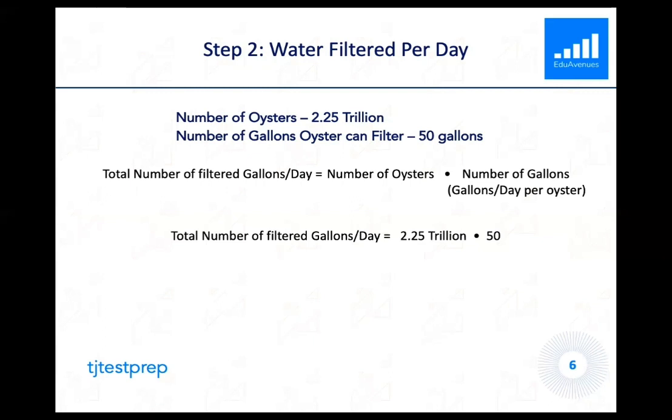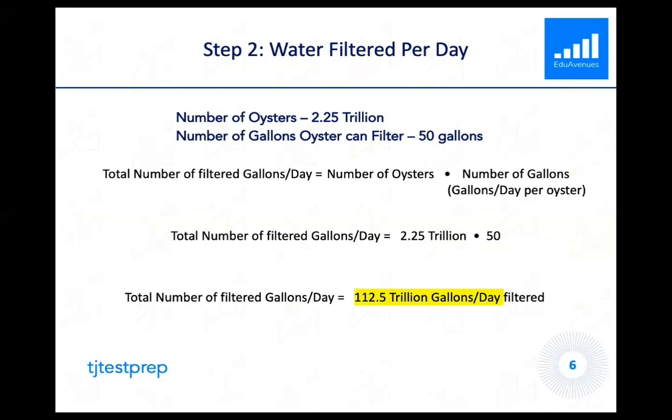So if we substitute the values respectively, we would get 2.25 trillion times 50. So after multiplying, we would get the number of filtered gallons per day is 112.5 trillion gallons. So in one entire day, the 2.25 trillion oysters will filter 112.5 trillion gallons of water.